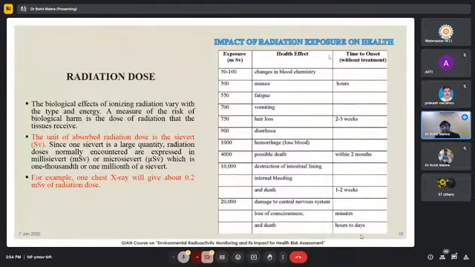Every time a patient has undergone an X-ray, CT, PET, or even MRI, though MRI gives a much lesser amount of radiation because it is magnetic resonance imaging. But X-rays and CT, which is the advanced form of X-rays, give high radiation doses, along with PET scans.